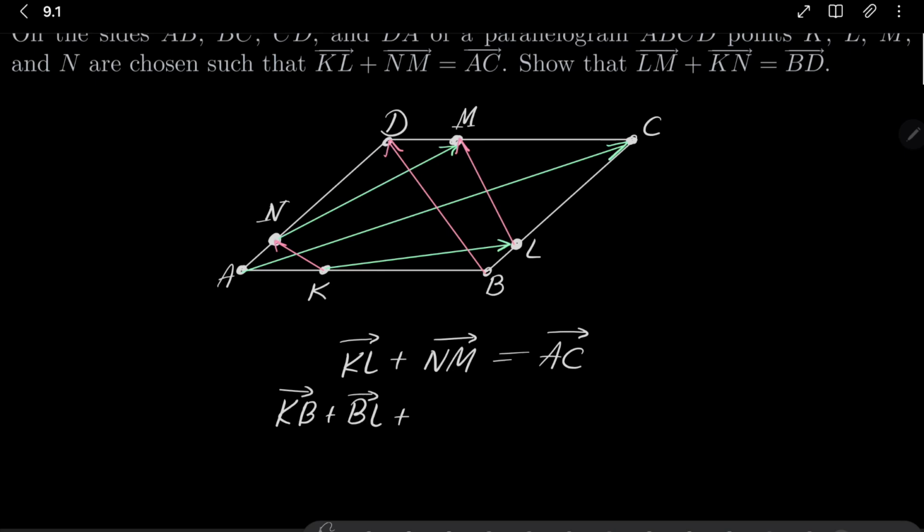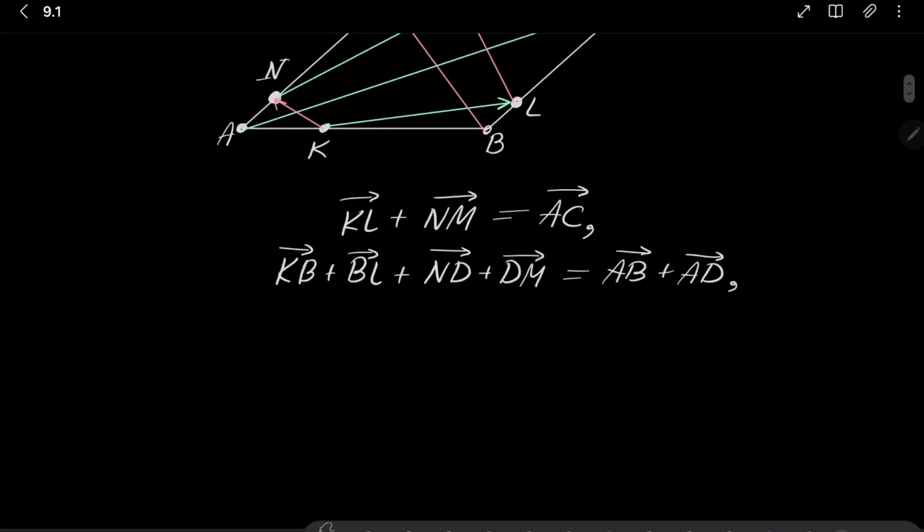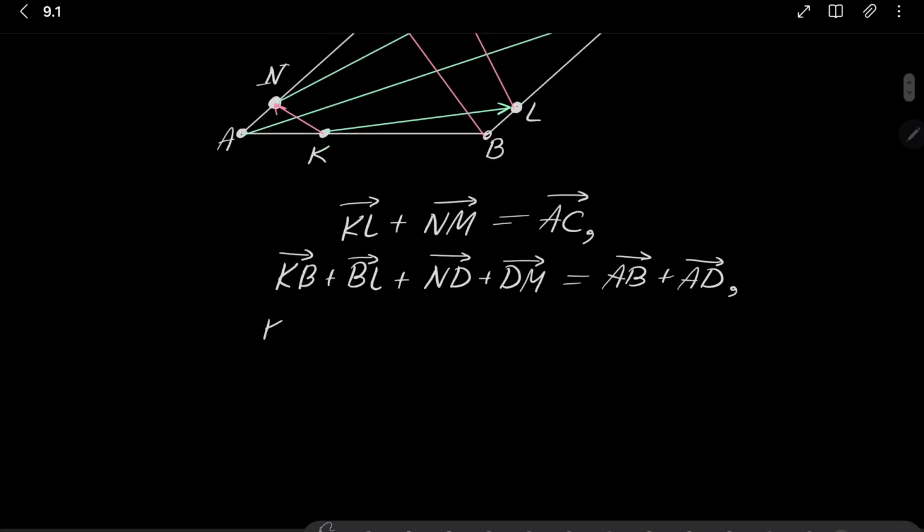Well, we can first go from N to D, and from D to M. And what about AC? Well, AC can be written as AB plus AD, because the addition of vectors obeys the parallelogram rule.